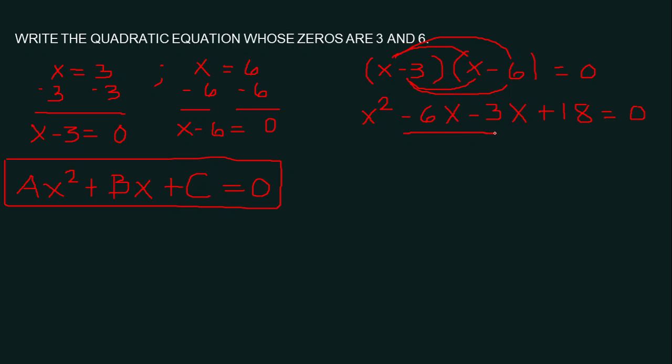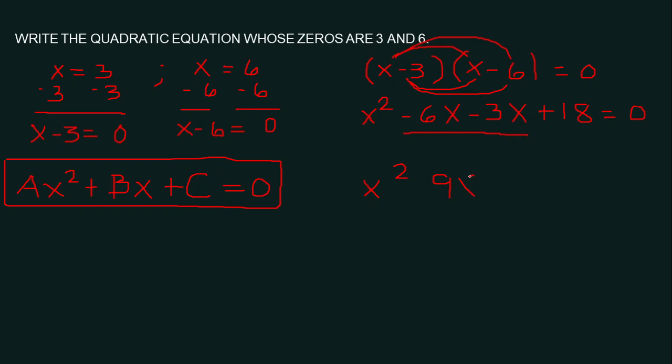We can combine negative 6x and negative 3x. So then we have x squared. Negative 6 and negative 3 are like sign numbers. So we just add them together and then copy the sign of the two numbers. So 6 plus 3, that's 9.